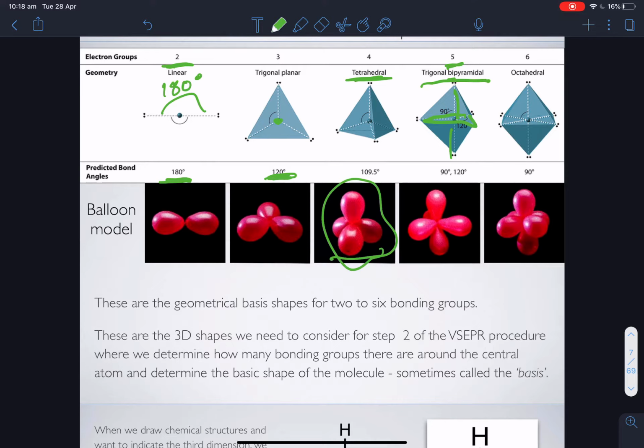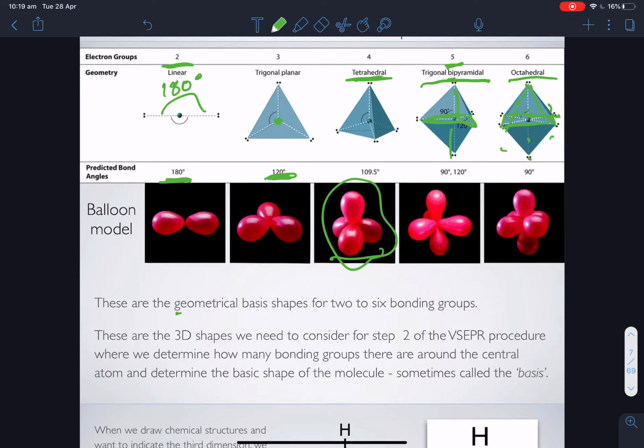When you have 6, it's called octahedral, because you get this square kind of shape in the middle and then the top and the bottom. So 2 pyramids, but with square bases. We could call that quadrilateral bipyramidal, but we don't. We call it octahedral because the shape that it makes actually has 8 faces of triangles.